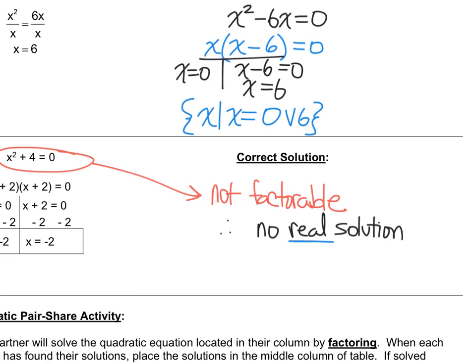X squared + 4 equals x + 2, x + 2. 0 means false. 1 means true. 0 is saying that it's true 0% of the time. 1 is saying that it's true 100% of the time, so true and false. All right? It's telling you clearly that this is a false statement. Okay? But it's not going to tell you anything if you don't know how to use that function on your calculator.